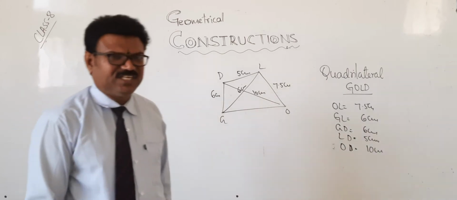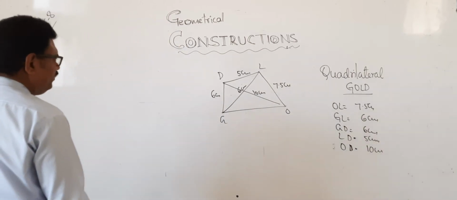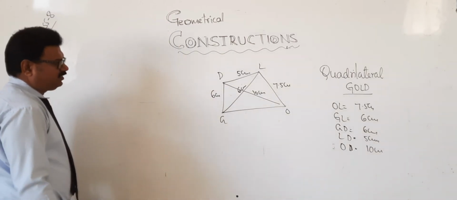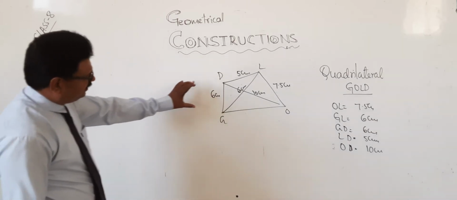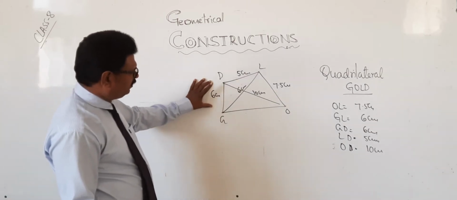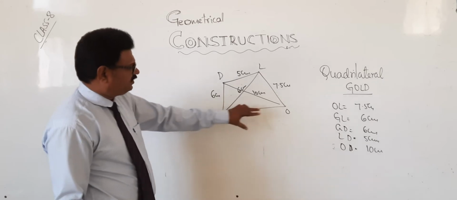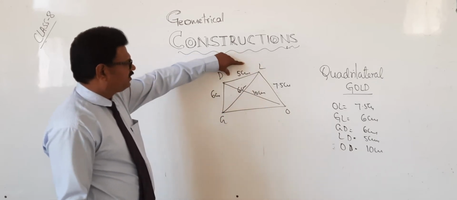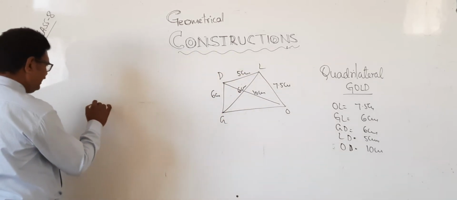Now how to construct this? Tell me, anyone. Which will we take as base? We cannot take this one, because here there is no connection. If you take this, okay. Now take DL.